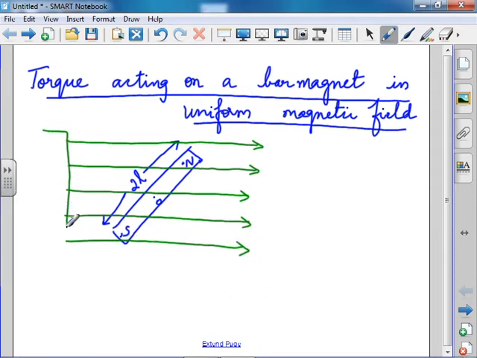So this is the north pole and this is the south pole. The magnetic lines are from the north pole towards the south pole.